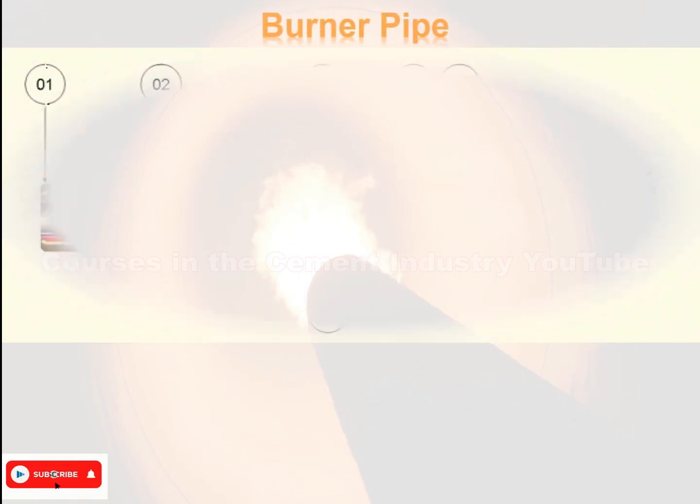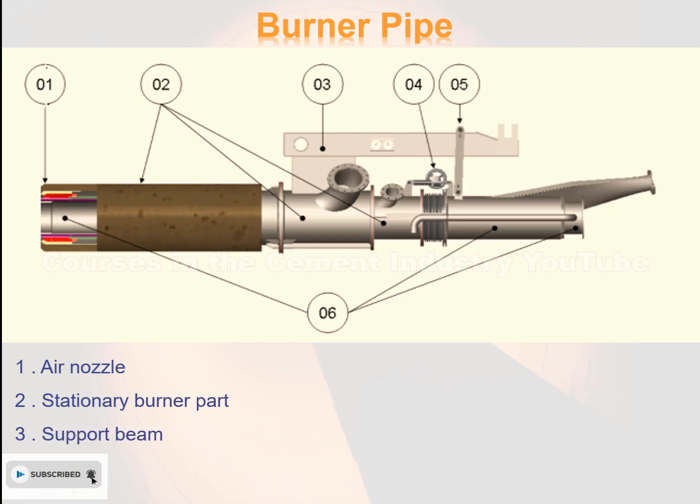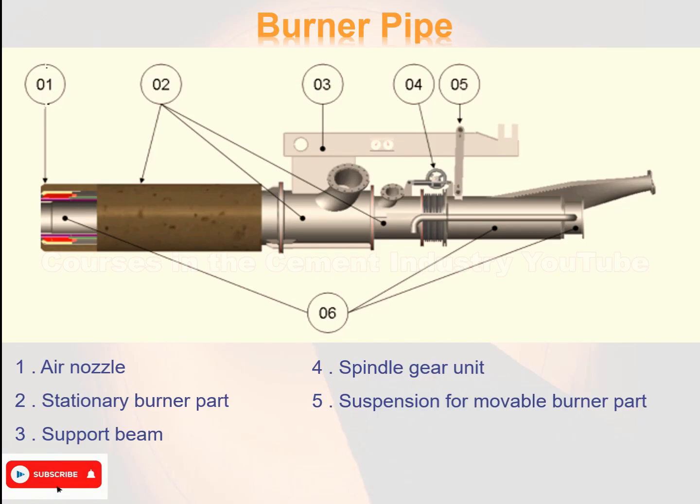Burner pipe, consisting of 1. Air nozzle. 2. Stationary burner part. 3. Support beam. 4. Spindle gear unit. 5. Suspension for movable burner part. 6.